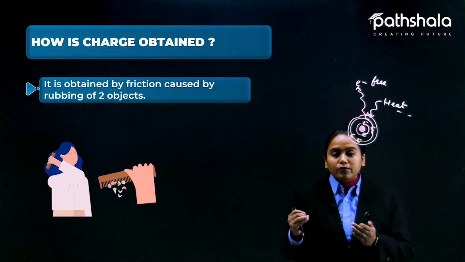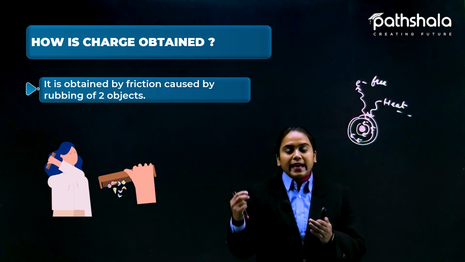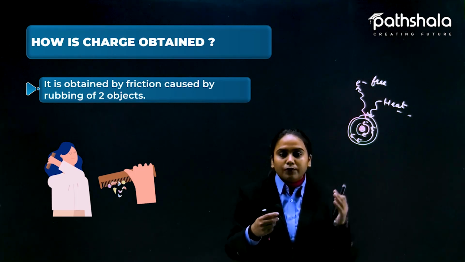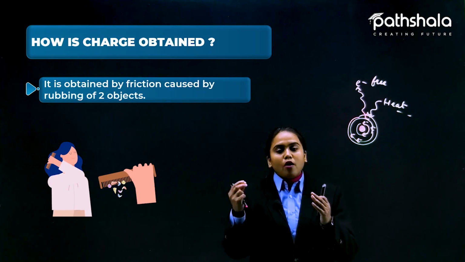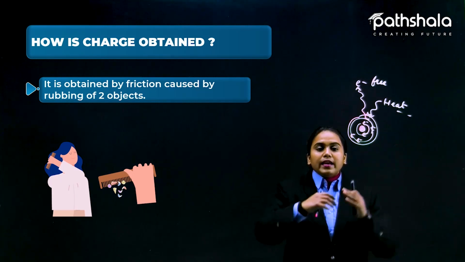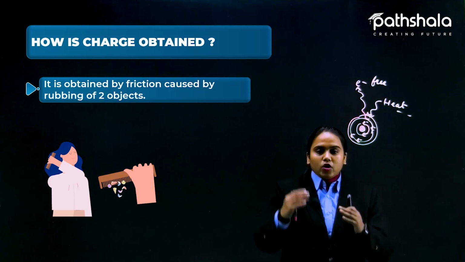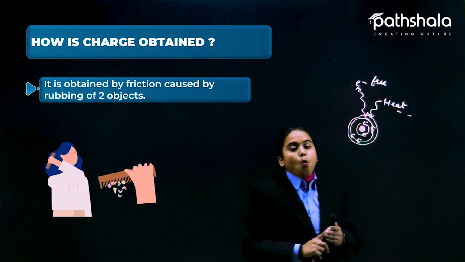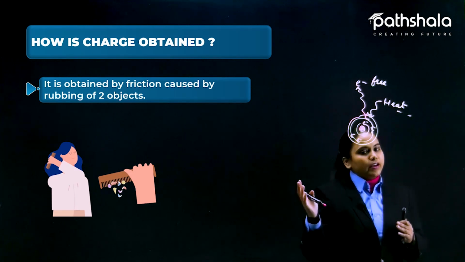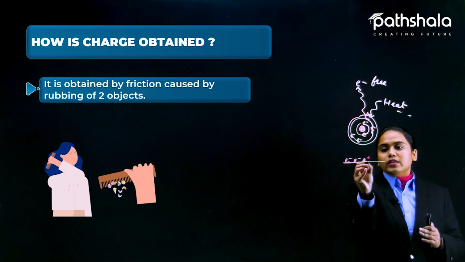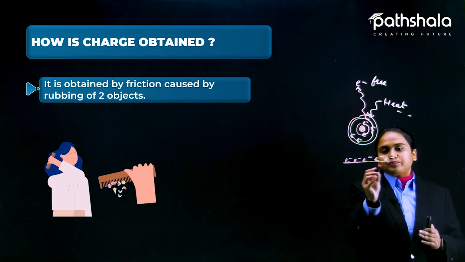The surface of the comb will get friction and the heat energy that is transferred to the particles of this insulator, plastic comb, will set the electrons free. Now these free electrons, because this is an insulator, won't be able to move here and there, so they will actually stay on the surface only.